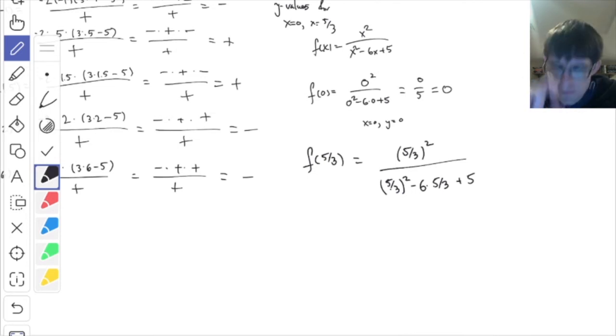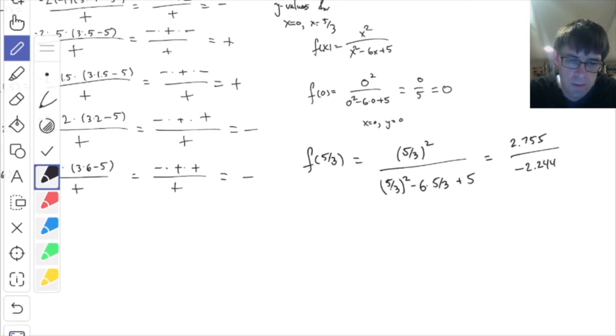So instead of 5/3, I'm going to use 1.66. It's rounded off. In the numerator, I get 2.75. It's actually 2.755. And then on the bottom, I get that same number, and then minus 6 times 5/3 would be 10, right? And then plus 5. Negative 2.244.